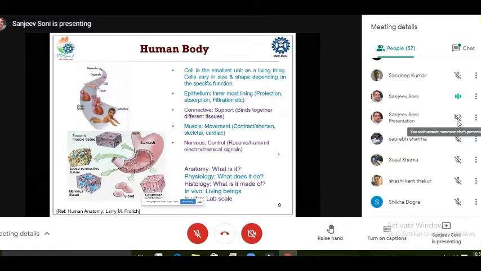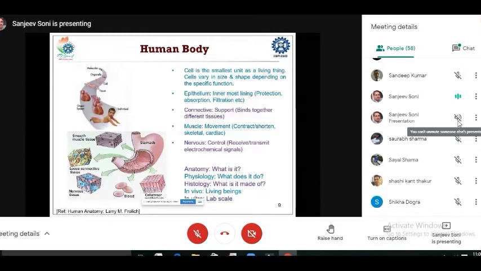So in context of the human body, we know that the human body is made up of cells. A cell is the smallest living constituent of the human body. Cells are made up of various molecules and organelles, and from cells we get tissues, from tissues we get certain organs, and based on organs we have organ systems, and ultimately the individual.